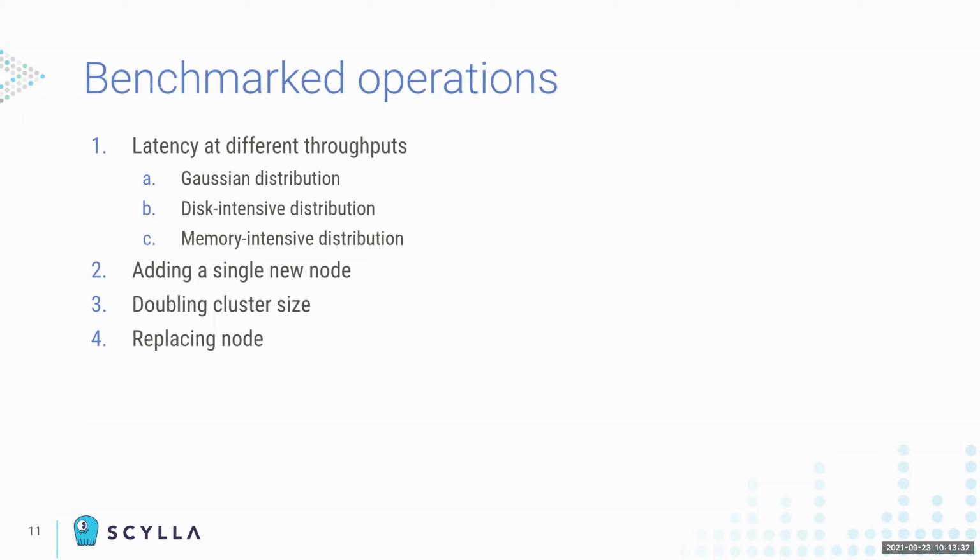But why are we even measuring these things? Raw throughput and latency is not everything. In real life, you also need to manage your database. You need to add new nodes to scale up to adapt to traffic. When a node breaks, you need to replace it. And the speed of those operations directly correlates with the ease of usage of the database.